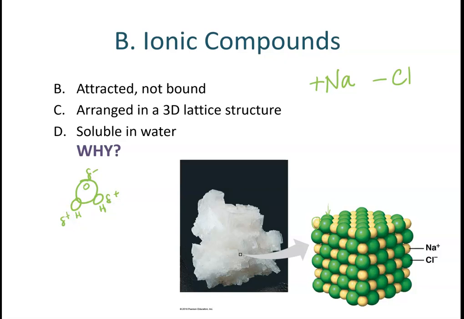Ionic compounds are soluble in water because those positive hydrogen regions are going to interact with the chlorine, and the negative oxygen regions are going to interact with the positively charged sodium and sort of break apart this ionic compound, because that water molecule's charge is going to interfere with the attraction between the sodium and the chlorine, which is why you can dissolve salt in water.